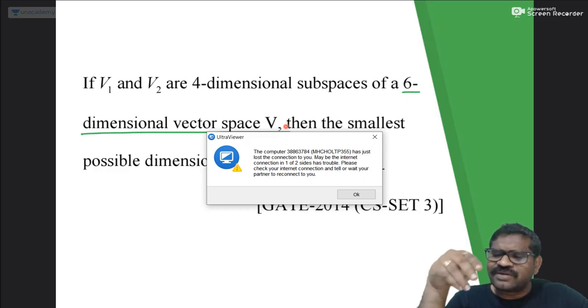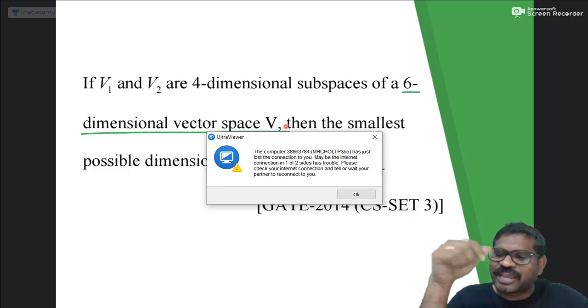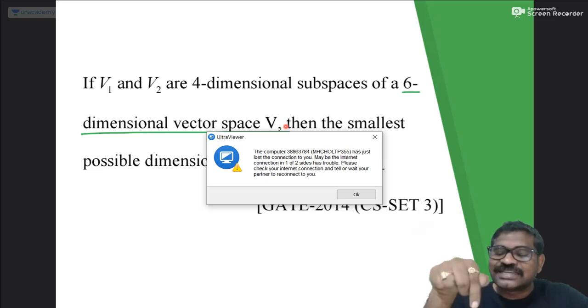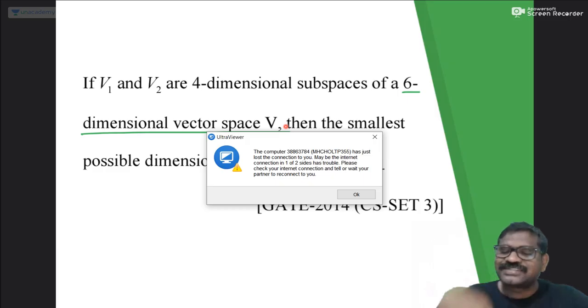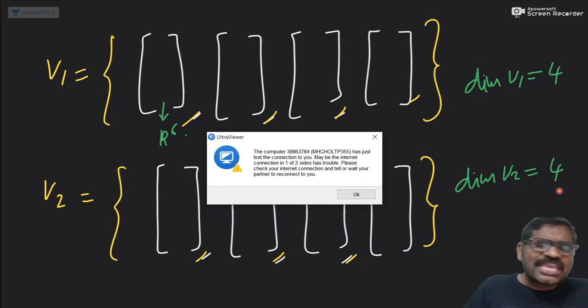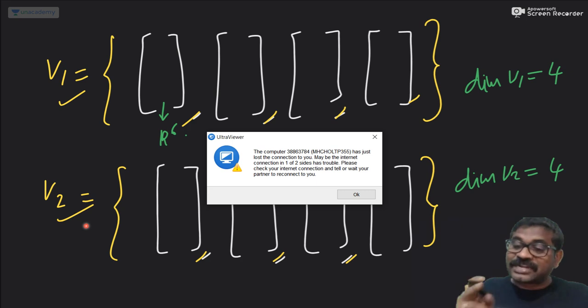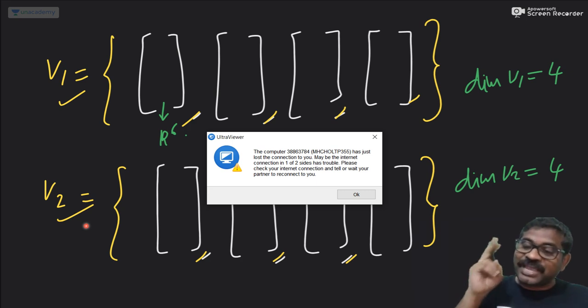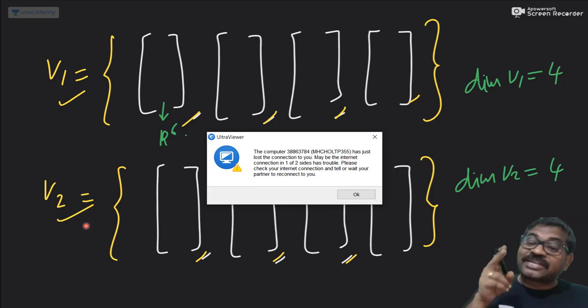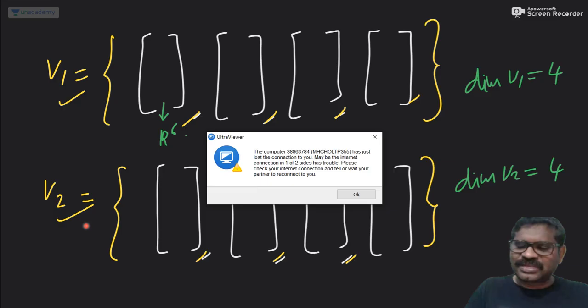If V1 here is a six-dimensional vector space, then your basis must contain 6 linearly independent vectors. That's why I am writing, even though V1 and V2 are subspaces, the basis must contain 6 independent vectors of dimension 6.